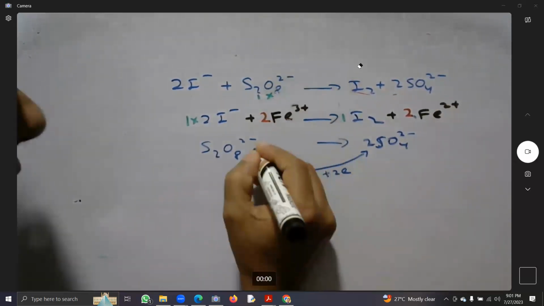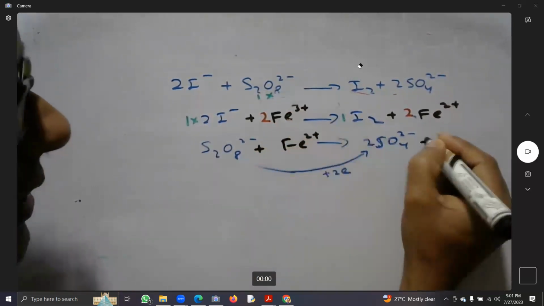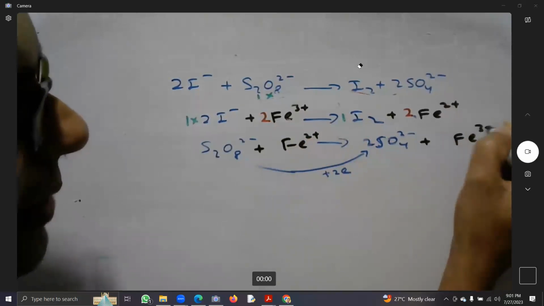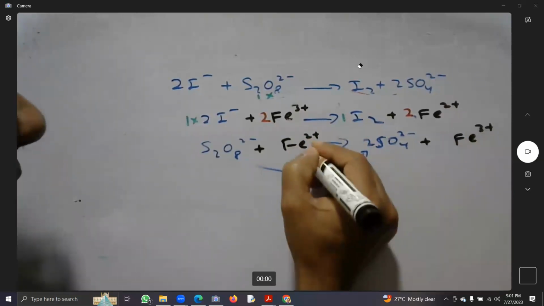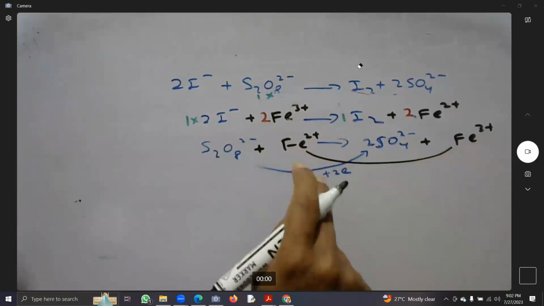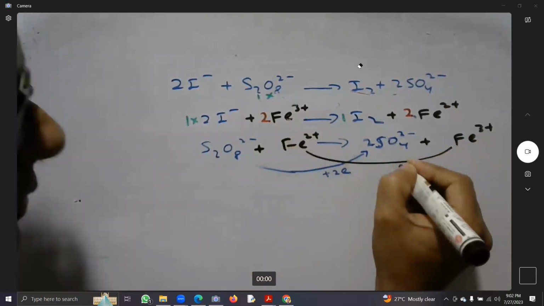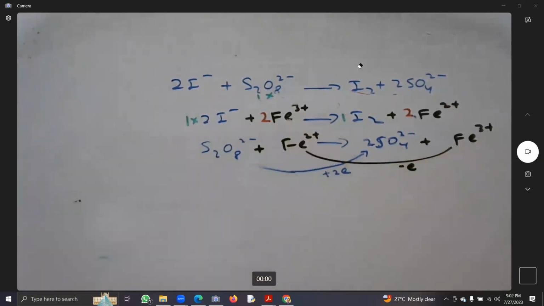So I'll write the iron in oxidation format: Fe 2 plus to Fe 3 plus. Iron is losing 1 electron.